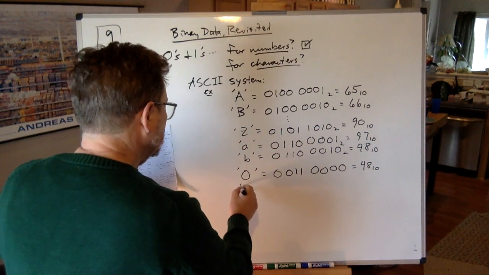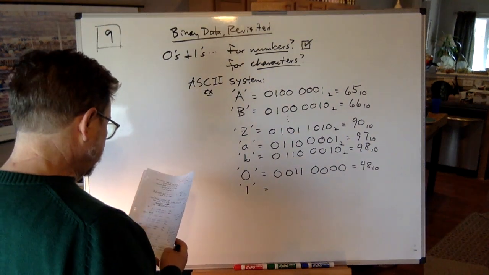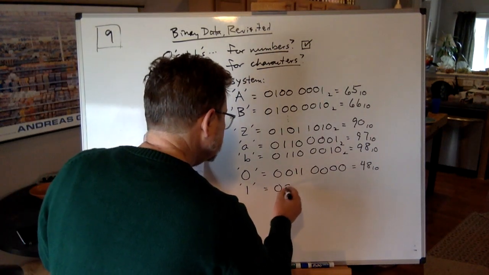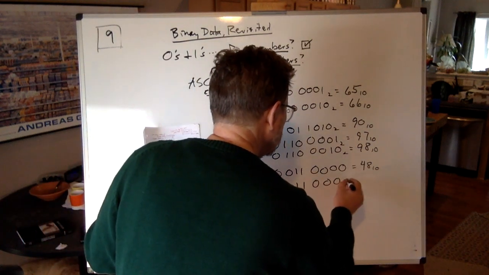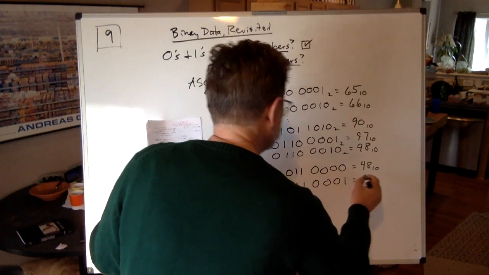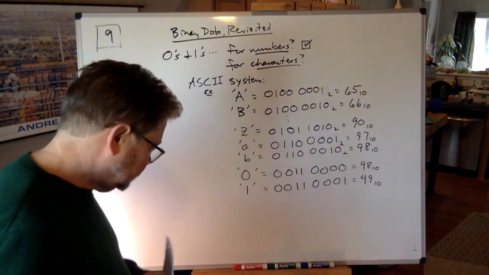The character 1, let me get these up here and then see if we can say profound things about them. 0, 0, 1, 1, 0, 0, 0, 1 equals 49 base 10.